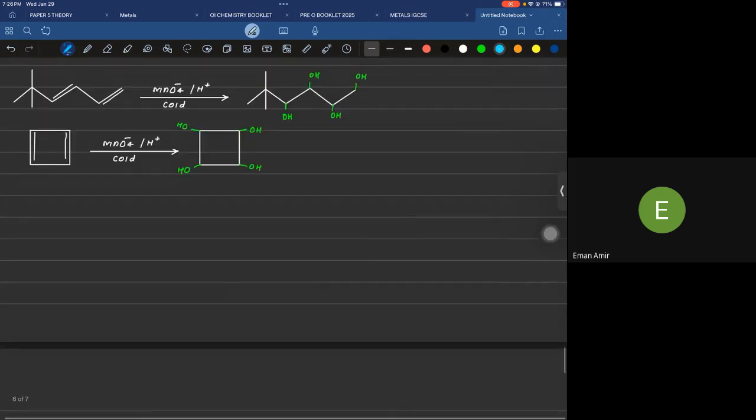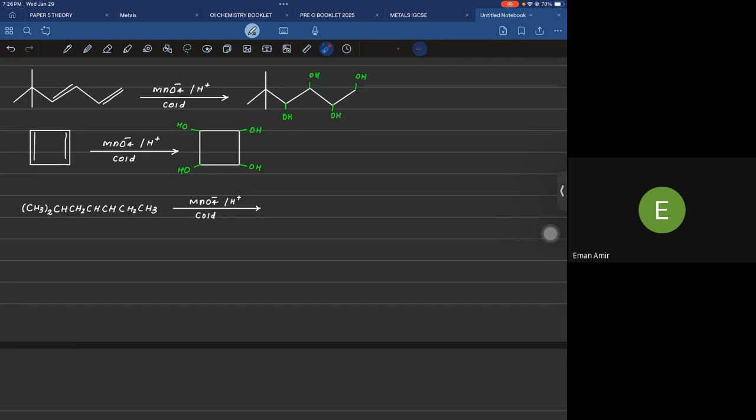Then you will see it in this style as well. The examiner would give you CH3, then CH, then CH2, then CH, then CH, then CH2, and then CH3, and he says you have to add cold KMnO4. Obviously, this is the condensed formula, and it would be quite difficult to identify where the OH should be attached.